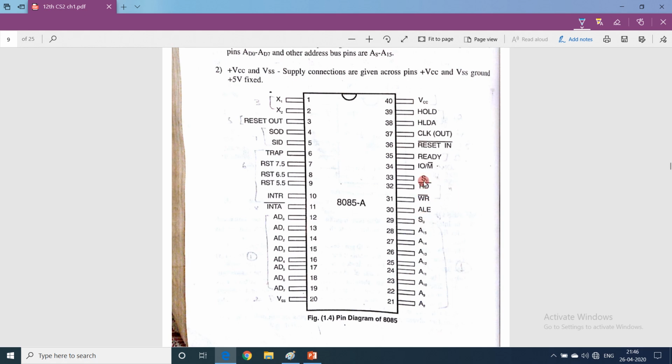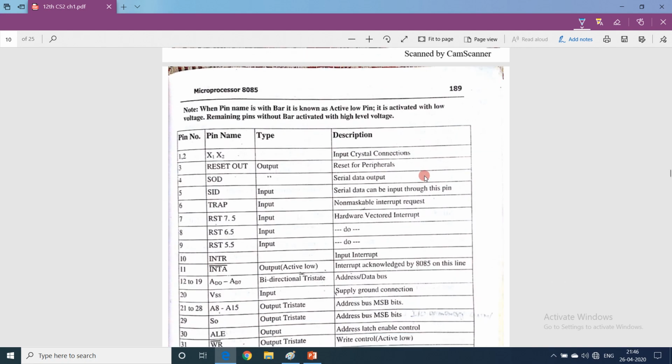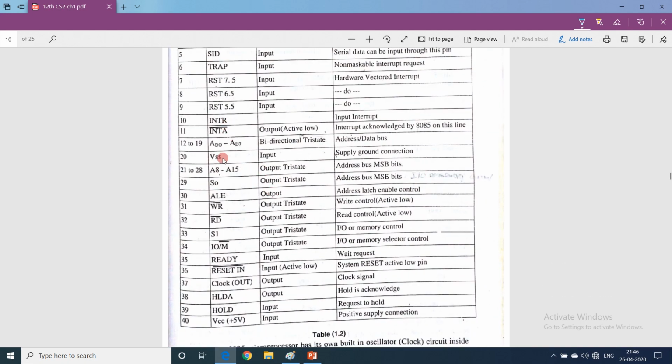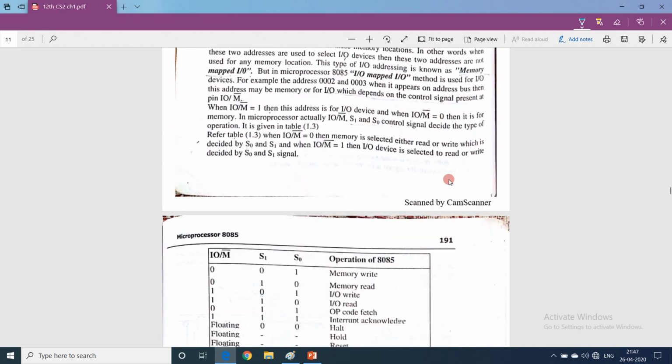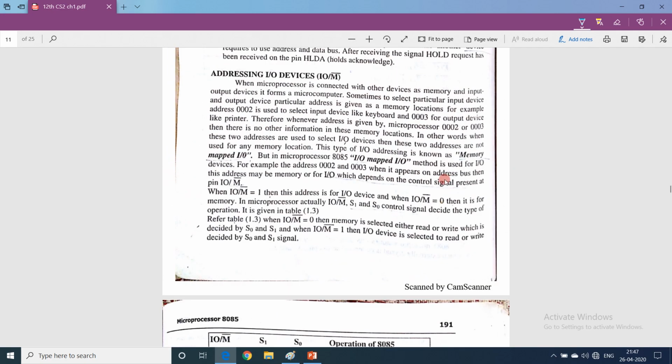S0, S1 and IO/M bar, these three pins are related. How they are related we will see in this topic. What we had learned about S1 was IO or memory control, IO/M bar control, and the same is for S0. These are status pins. So let's see what is there in this topic.